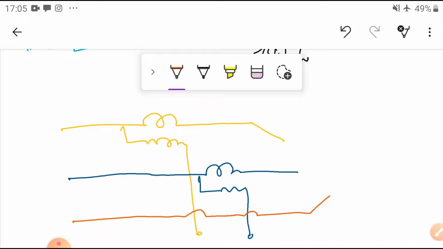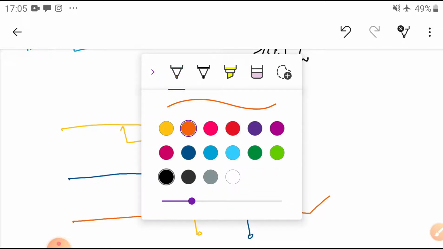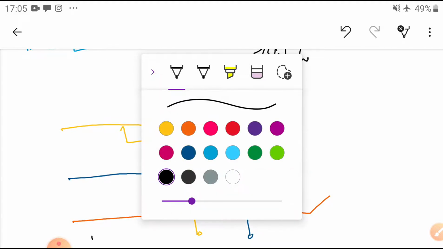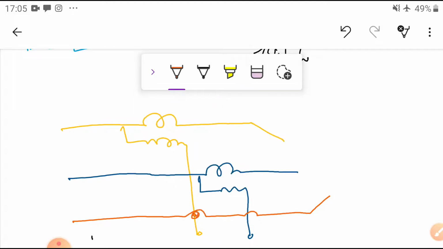This is the neutral connected. I have taken this as the red color, and this is connected here and here. Now here is connected our machine.